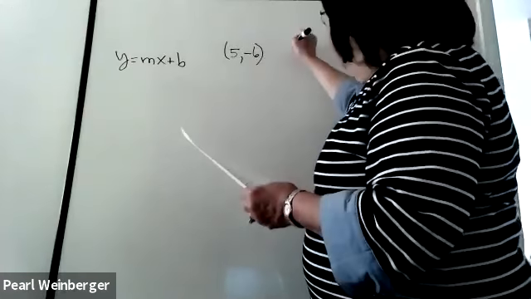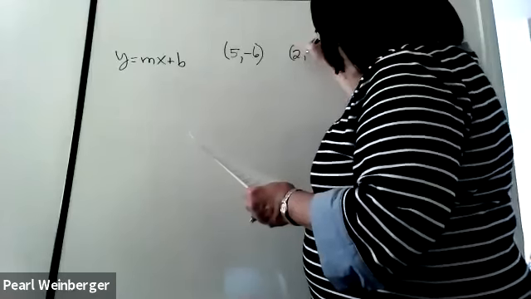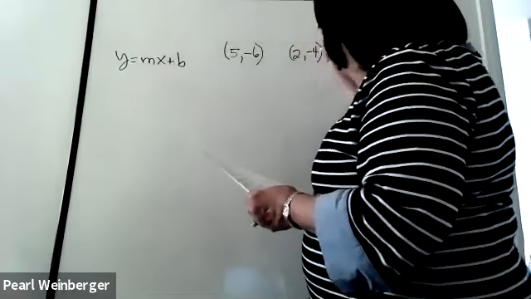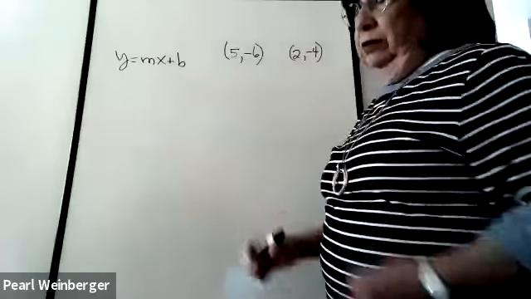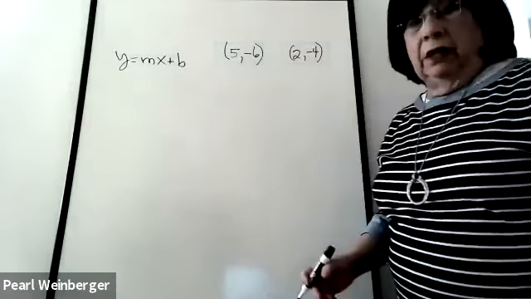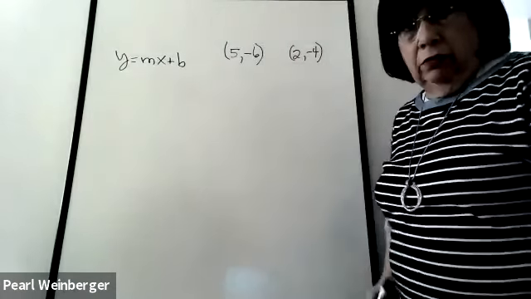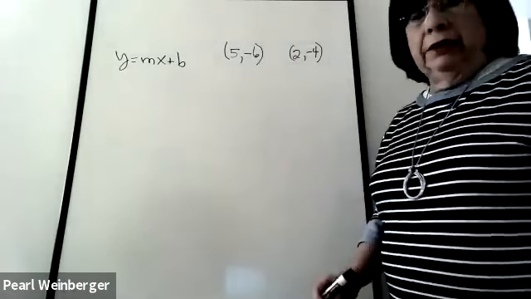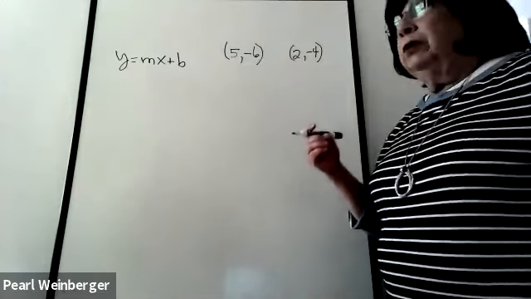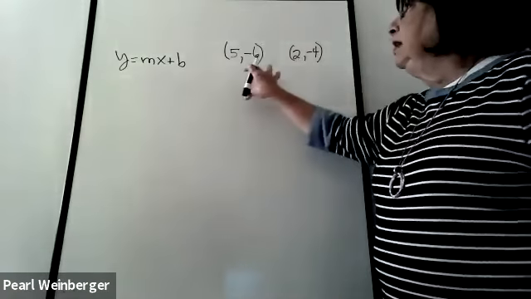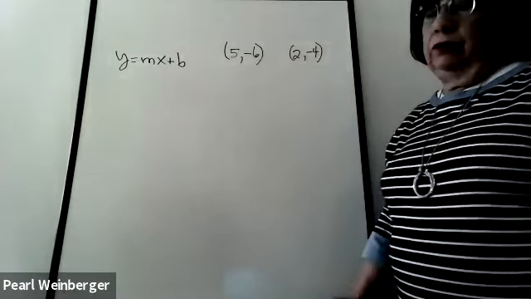and 2, -4. Remember, once you tell what 2 points of the line are, that really determines what the line looks like, because the line has to go through these 2 points. So you could really draw this line. Again, what we're aiming for is to write the equation of the line through these 2 points.